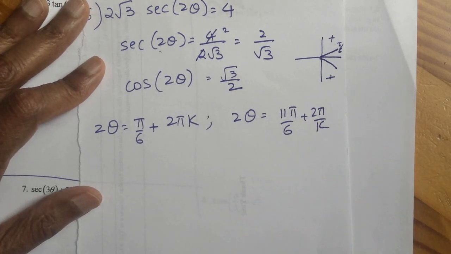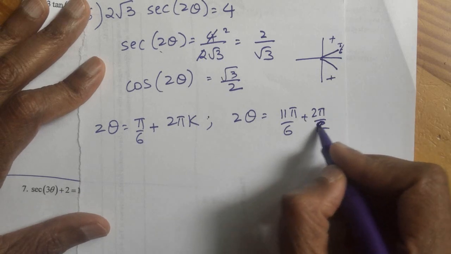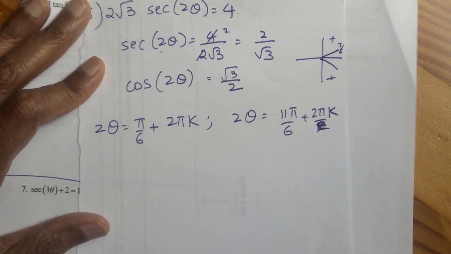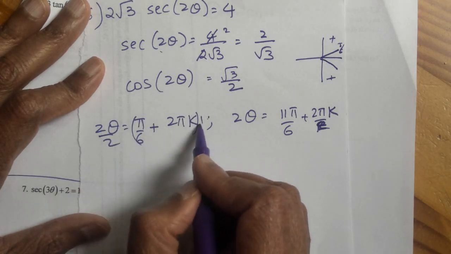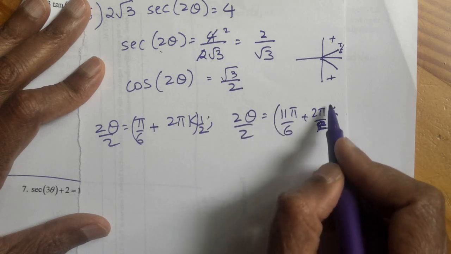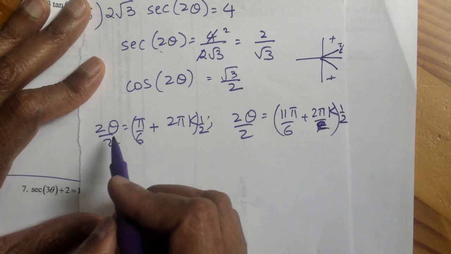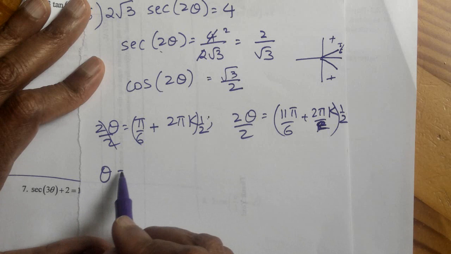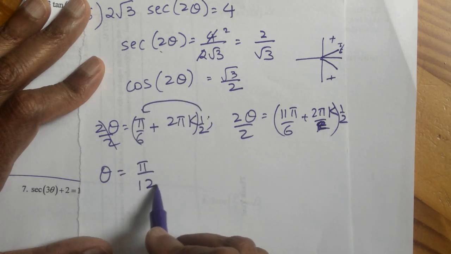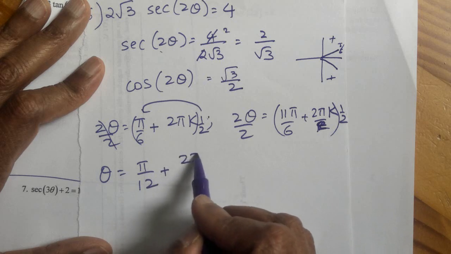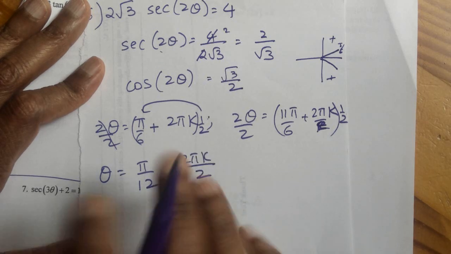Divide by 2, because your goal is to get theta by itself. Divide by 2 on both sides, or multiply by half. It's the same thing. Theta equals, first this, pi over 12 plus 2 pi k over 2. For now, don't simplify.